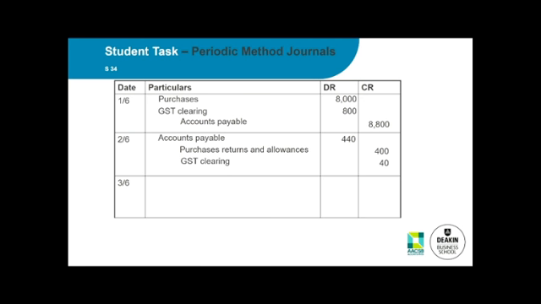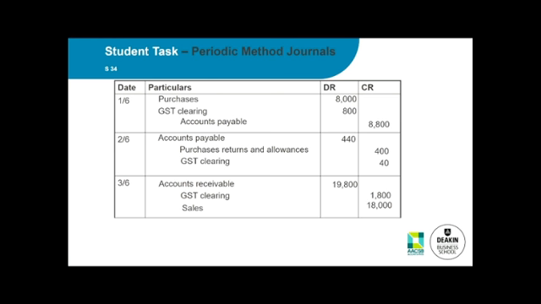So what happened on the 3rd of June? We sold something on credit, right? Would that entry be different from what we had before? Well, accounts receivable, sales revenue, GST clearing is the same, right? It doesn't change. This part does not change.